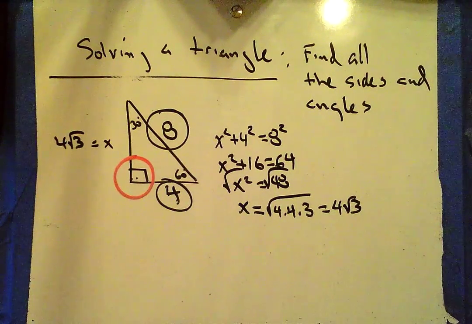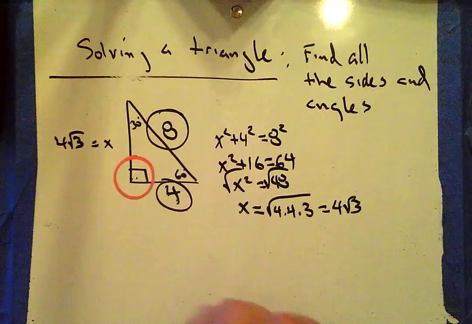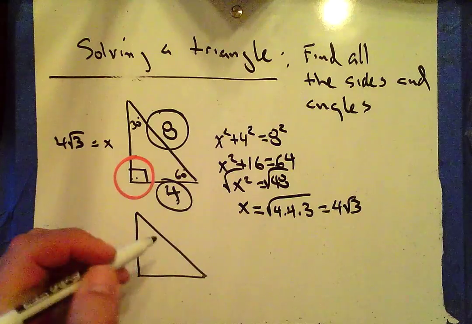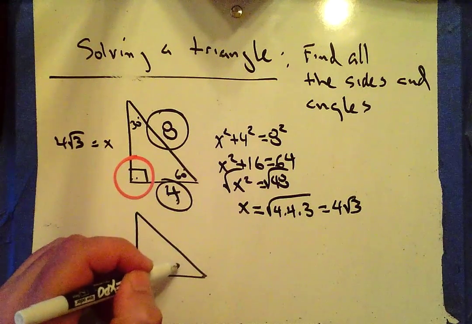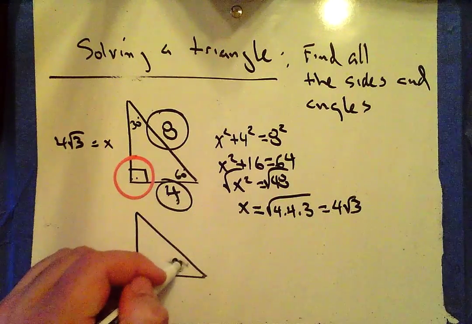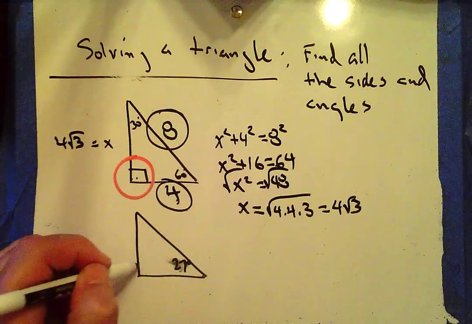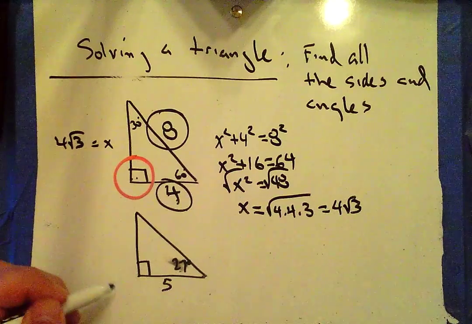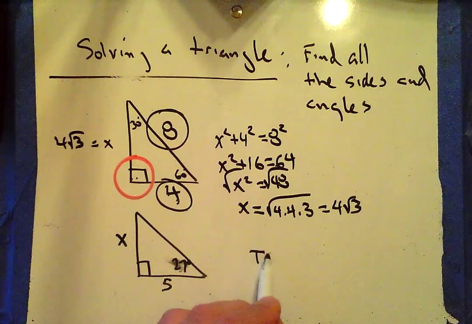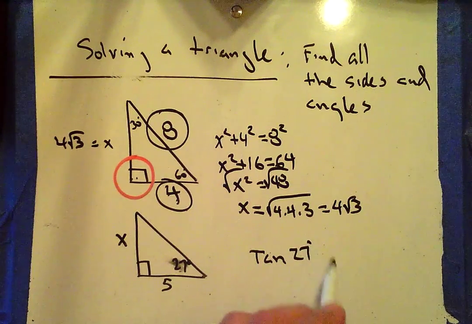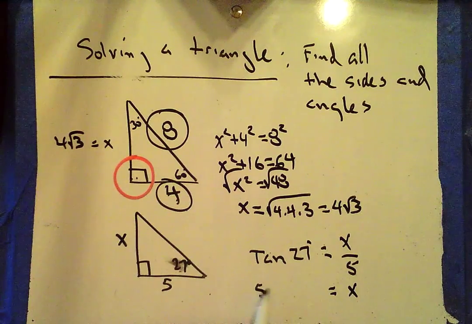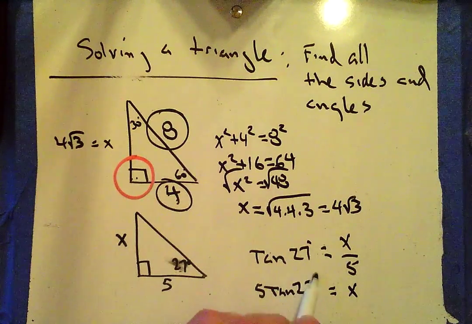So when we have a right triangle, we just need two sides, or remember what we learned in third quarter, if I know that this is 27 degrees, and I know that this is 5, and I'm looking for this, then I could say tangent of 27 equals x over 5, and so x equals 5 tan 27.